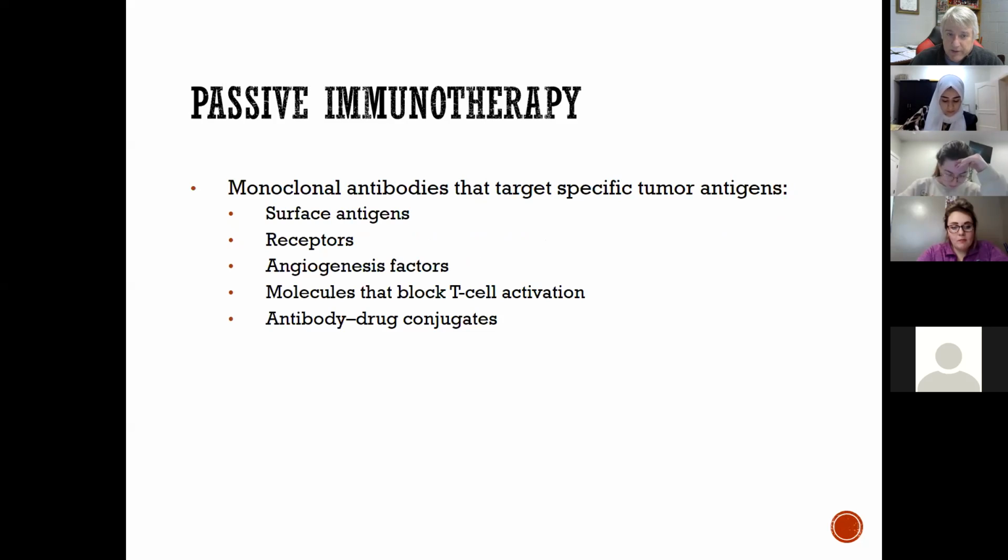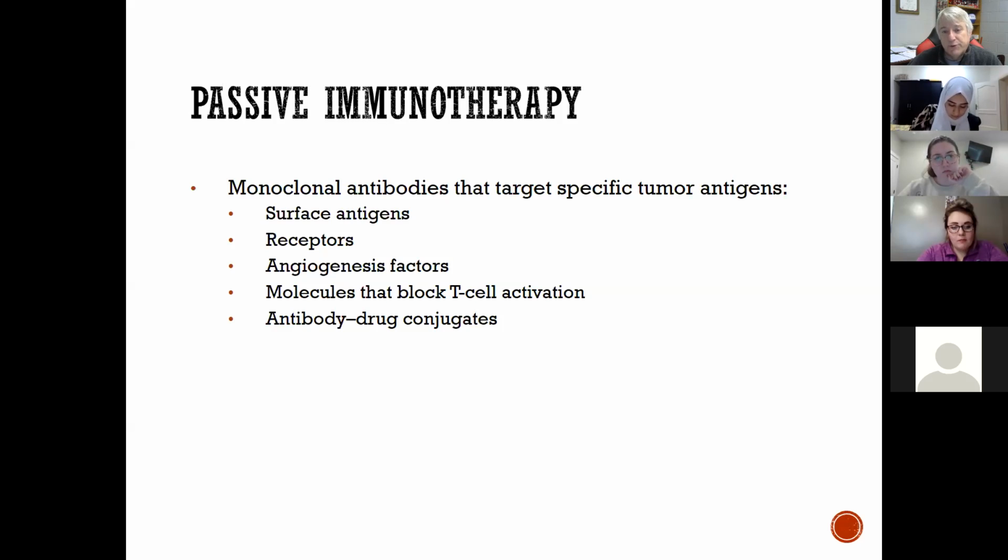Monoclonal antibodies, this is kind of the cool thing. Monoclonal antibodies that target specific tumor antigens. So a patient has a tumor and we grade it out, we know what it is, and then we can look to see if we have a monoclonal antibody that is targeted against that tumor. We're giving you the antibody.